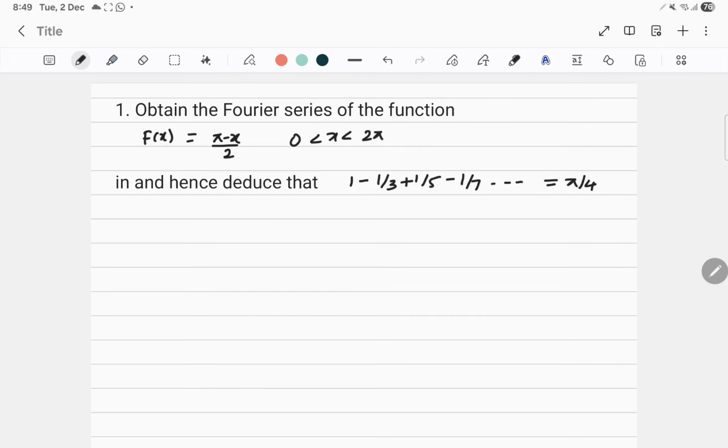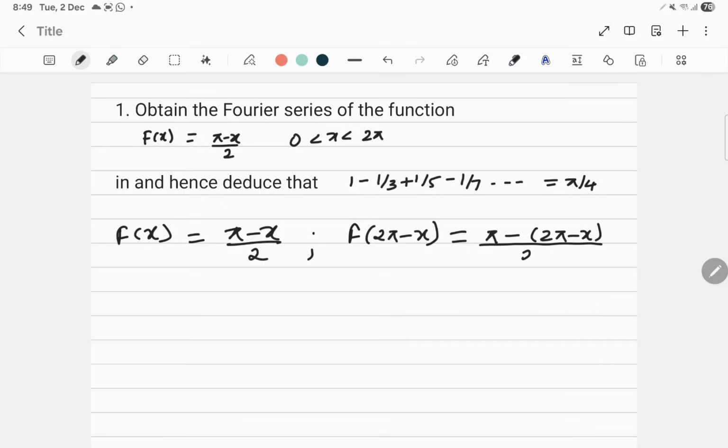Since the range is 0 to 2 pi, I will check by putting x is equal to 2 pi minus x. Okay, so my f of x is equal to (pi minus x) upon 2. So let's check what is f of 2 pi minus x. So I will put (pi minus (2 pi minus x)) upon 2.